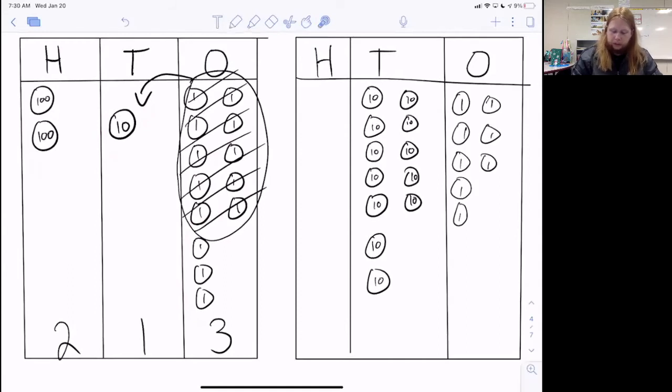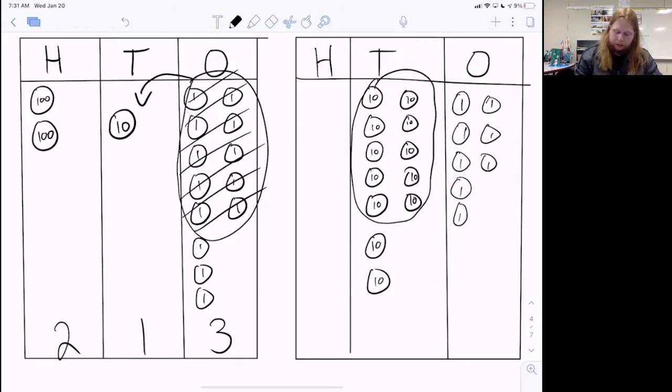Let's look at the other one. Do we need to mess with the ones at all? No, because ones are equal to 8 right here. And since they are equal to 8, we don't need to convert any extra ones into 10 because we don't have enough. How about these 10s? Well, let's look. I have a complete 10 frame right here.